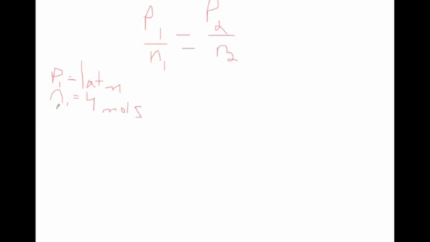We didn't know what our second pressure was, so that's going to be our little question mark, as that's what we'd be trying to find. And then we know that moles 2 was equal to 2 moles.